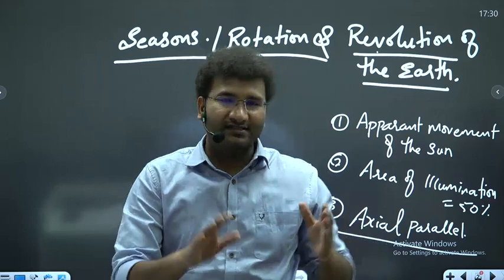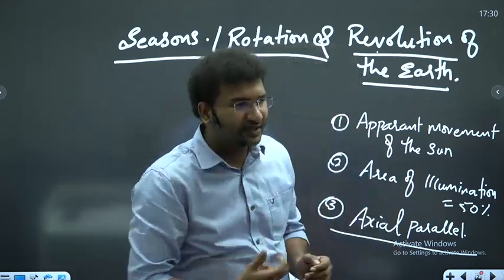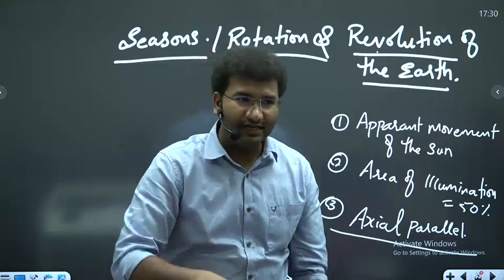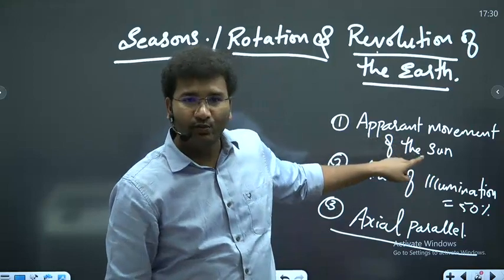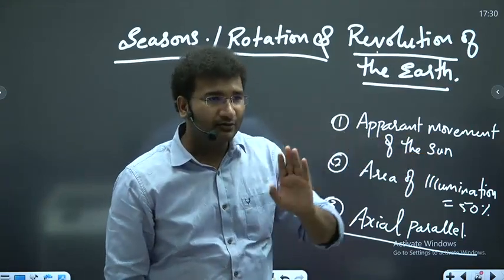See, the sun does not move from its place; it only rotates and revolves around the Milky Way galaxy. It is actually the earth which is rotating that makes it feel as if the sun is moving. So that's why we call it the apparent movement of the sun.